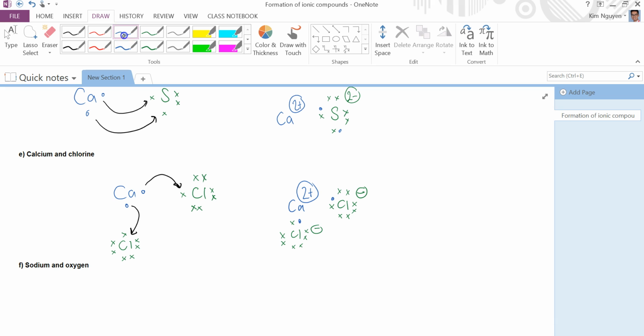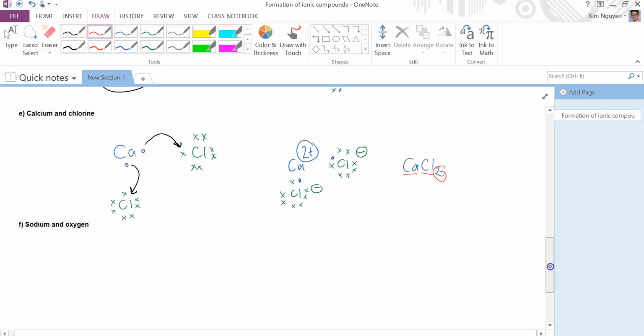And if you know your ionic compound chemical formulae, if you were to make a compound of calcium and chlorine, or calcium chloride, it would be CaCl2. And that matches this ionic compound drawing that we've made just here. We have 1 calcium and 2 chlorides. And in the chemical formula we see 1 calcium and 2 chlorides, okay?